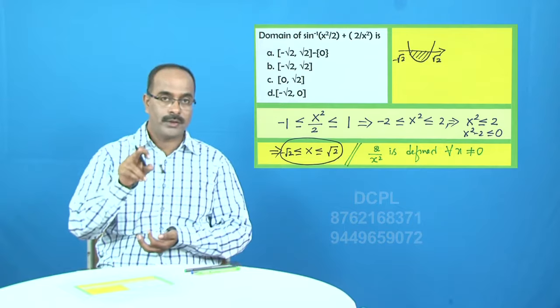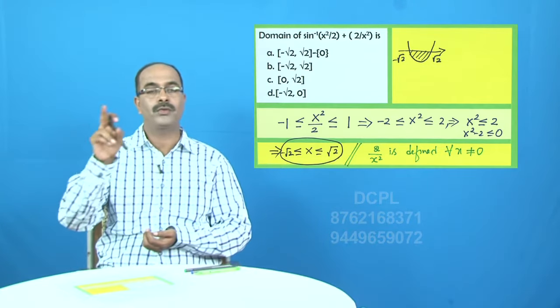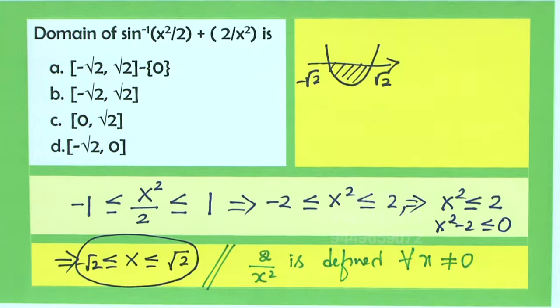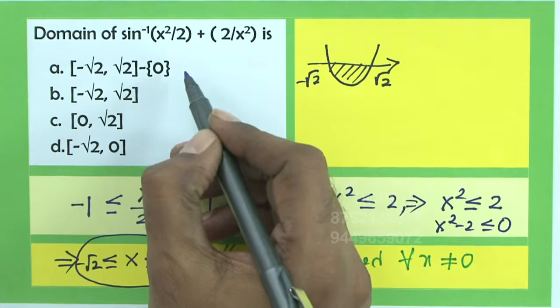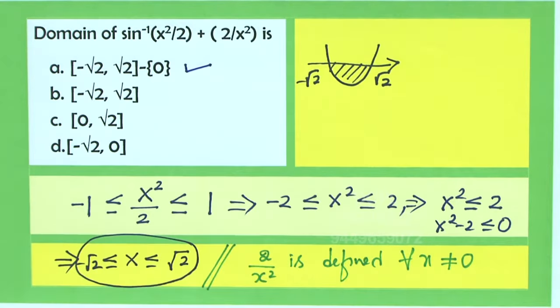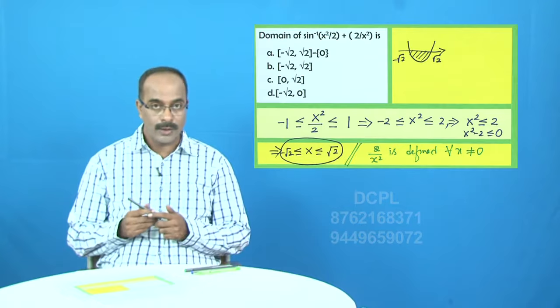So the solution is minus root 2 to plus root 2 except 0. Do we have any option? Yes, option A. I hope you have understood this. Please make a note of this.